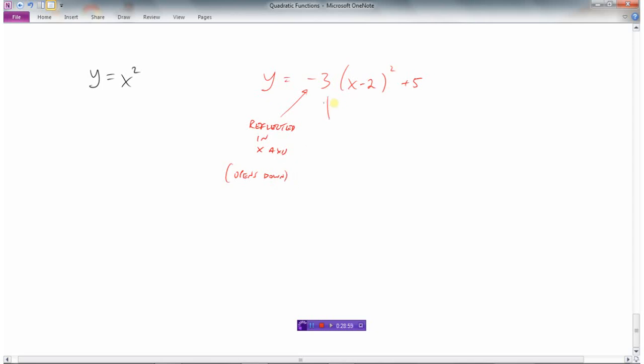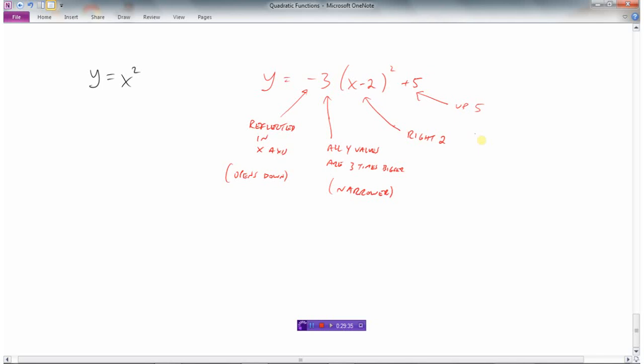The 3 means that all y values are 3 times bigger, which is going to make the graph narrower. Then the plus 2 inside means the graph needs to be moved to the left 2, and then sticking a plus 5 on the graph is going to move the whole graph up 5.